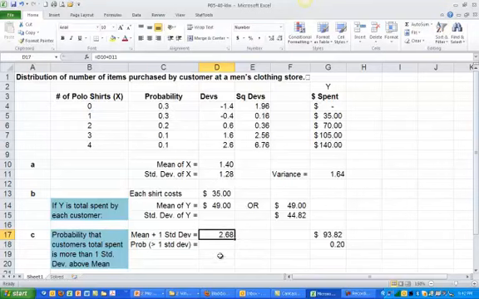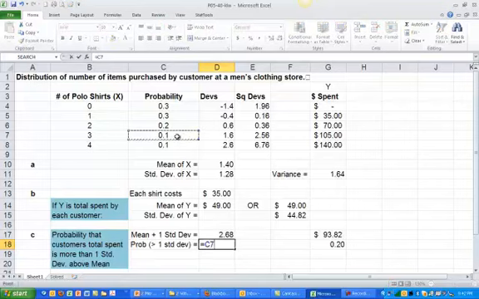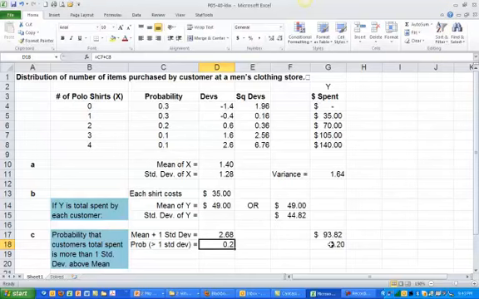What are the values that are above 2.68 shirts? Well, once again, it's going to be 3 shirts or 4 shirts. And again, I'd be adding the probability of being more than one standard deviation over the mean. I'd be adding the probability of getting 3 polo shirts plus the probability of someone purchasing 4 polo shirts. And I would get exactly the same answer for the probability of being at or above one standard deviation over the mean.